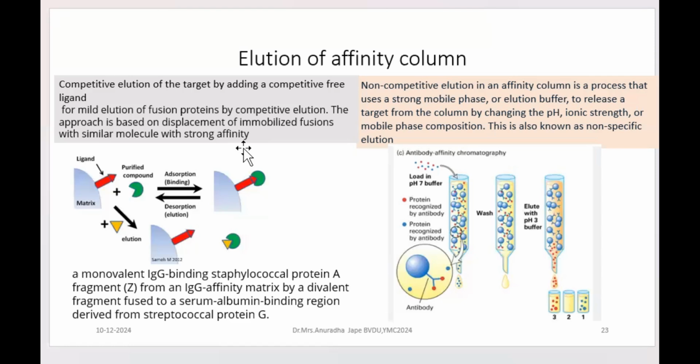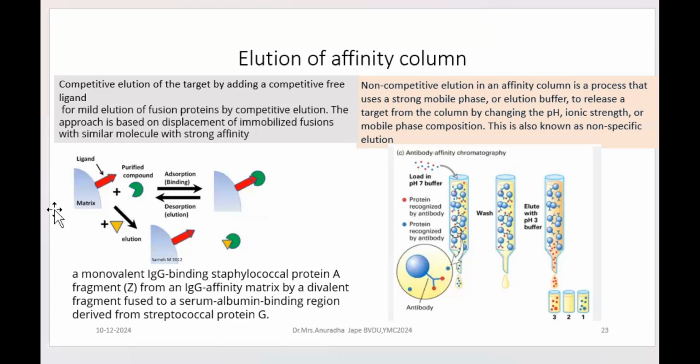On similar lines, displacement is there here, but it is based on relative interactions. If the relative interaction is stronger than that of the analyte bound to the ligand, then displacement can easily occur. So the molecule which has strong affinity for your analyte or for the ligand is to be added.